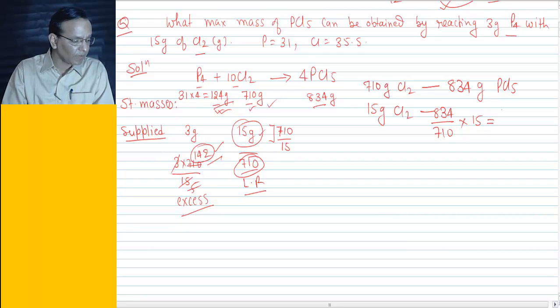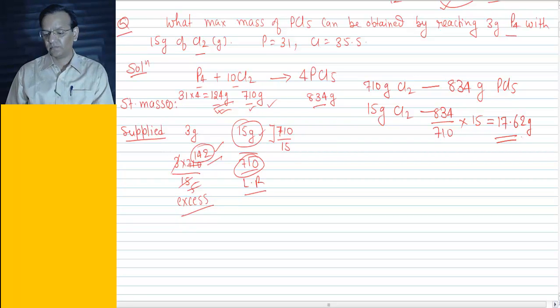So it comes out to be 17.62 gram. That is the mass of PCl5.